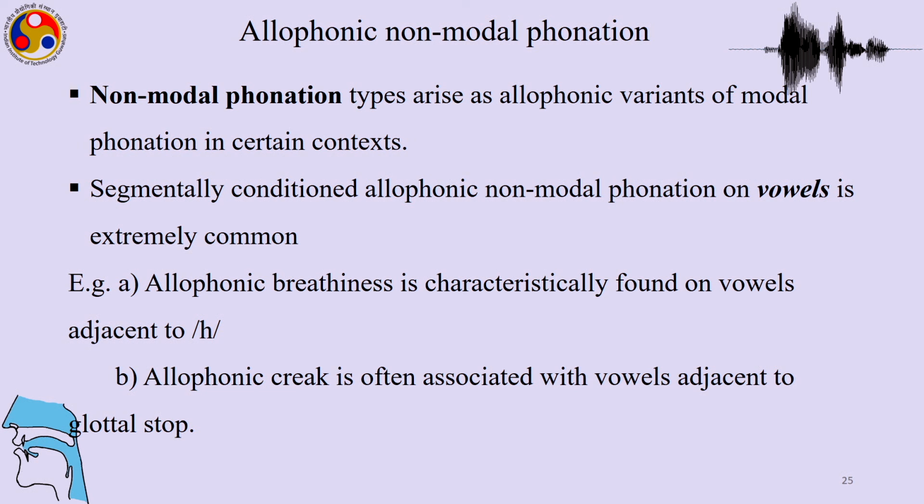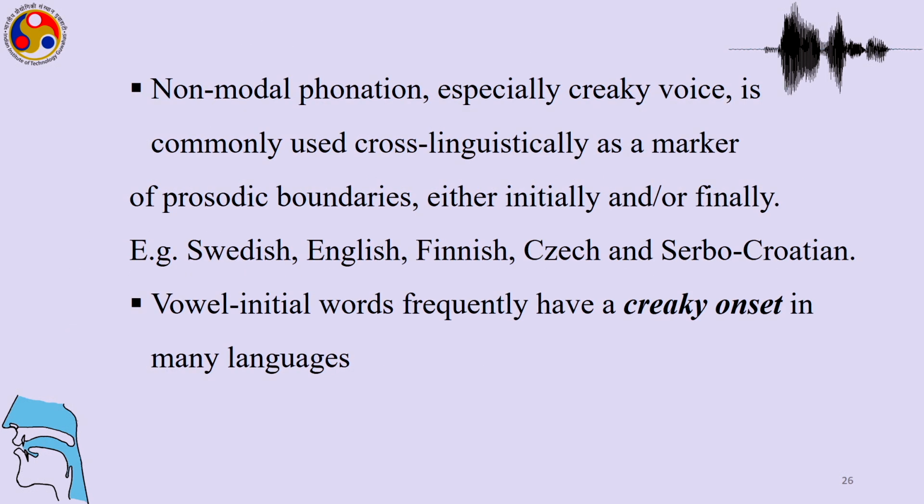So, allophonic breathiness is characteristically found on vowels adjacent to the sound h, and also allophonic creak is often associated with vowels adjacent to a glottal stop. So, these occur allophonically, which means they are determined by the context. Non-modal phonation, especially creaky voice, is commonly used cross-linguistically as a marker of prosodic boundaries, either initially or finally.